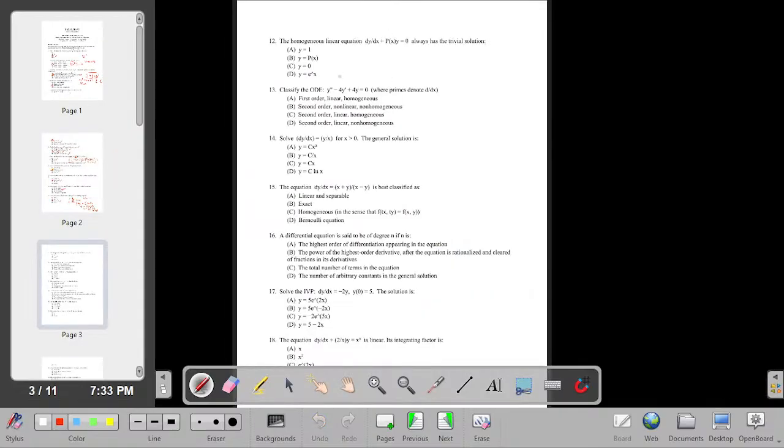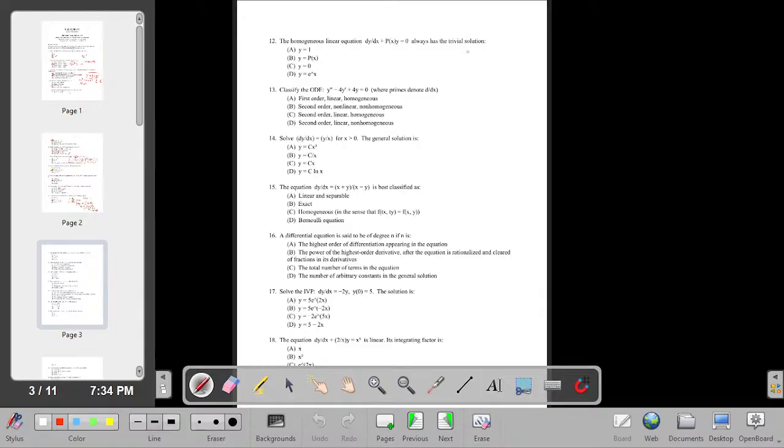Question 12. The homogeneous linear differential equation dy over dx plus p of x y is equal to 0 always has a trivial solution.